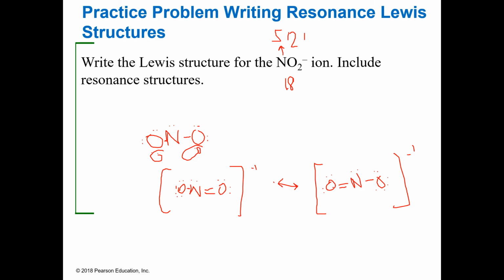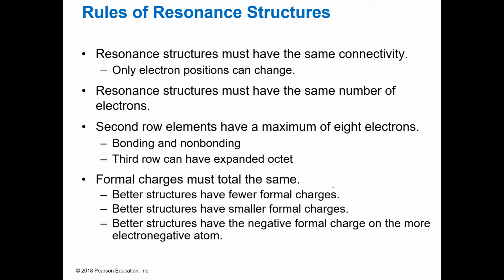Here are some simple rules for resonance structures. Resonance structures must have the same connectivity. That means that the atoms are going to be in the same place. So you're not going to rotate atoms. What I mean by that is, let's say I have a nitrogen bonded to an oxygen, and this one's bonded to, let's just say, a carbon.